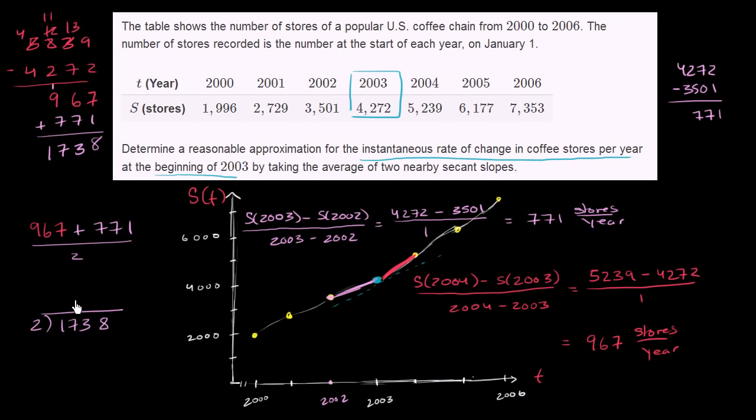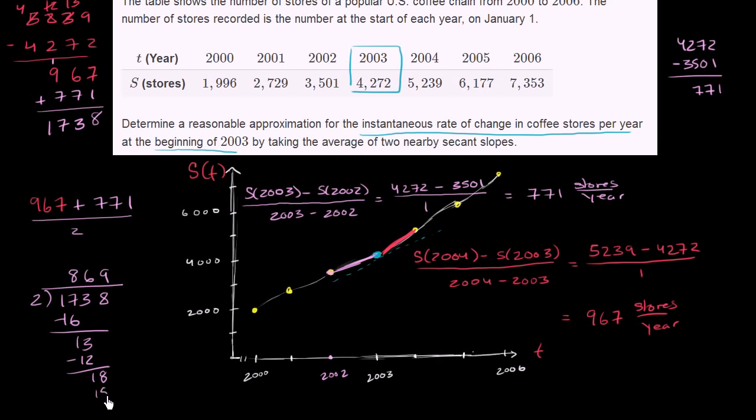It goes into 17 8 times. 8 times 2 is 16. Subtract. We get a 13. Goes 6 times. 12. Subtract. Get an 18. Goes 9 times. And then we don't have any remainder. So our approximation for the instantaneous rate of change, for the slope of the tangent line right over here, is 869 stores per year.